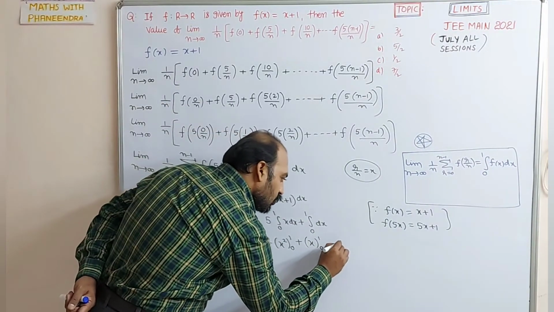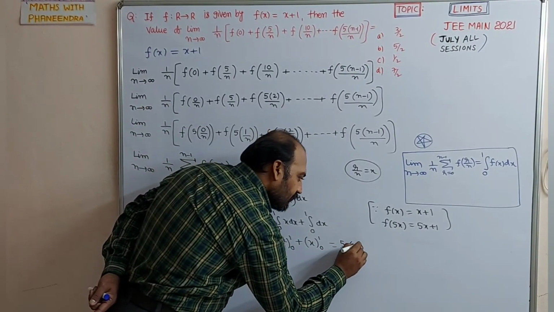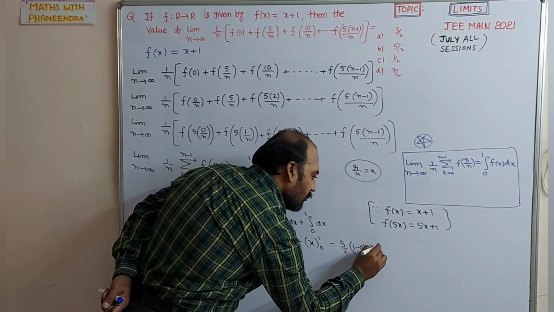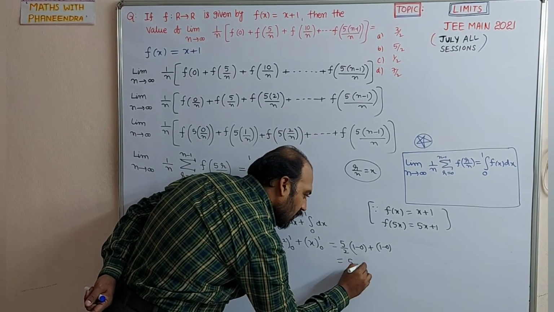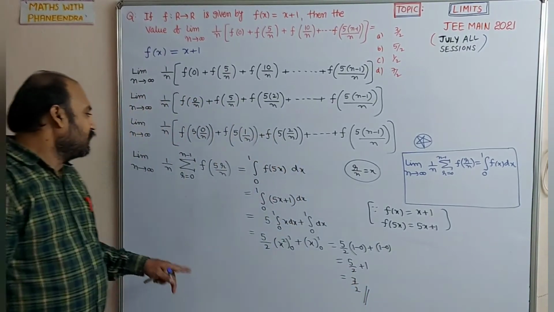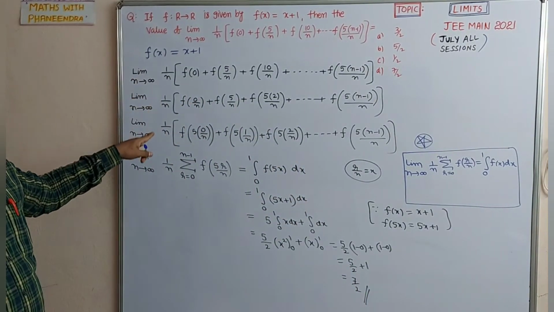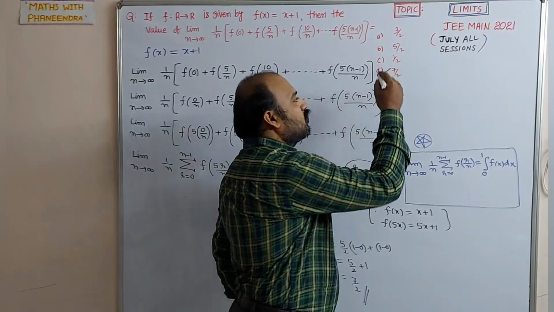So which is equal to 5 by 2 into 1 minus 0 plus 1 minus 0, which is equal to 5 by 2 plus 1, which is equal to 7 by 2. Therefore, the given limit value is equal to 7 by 2, which is there in the fourth option.